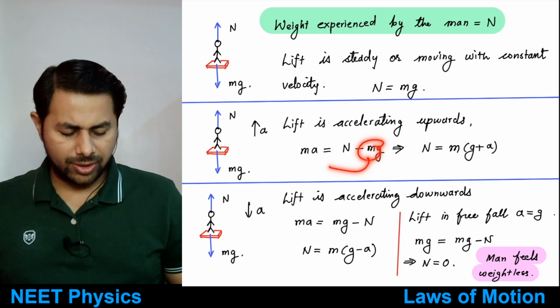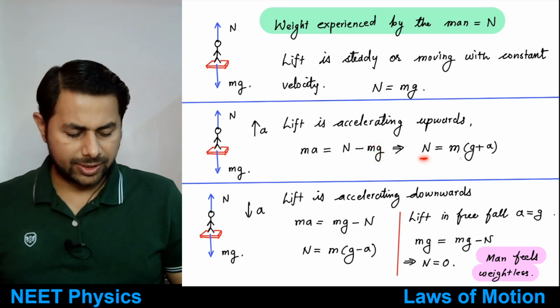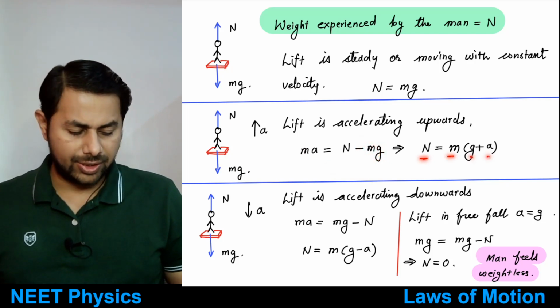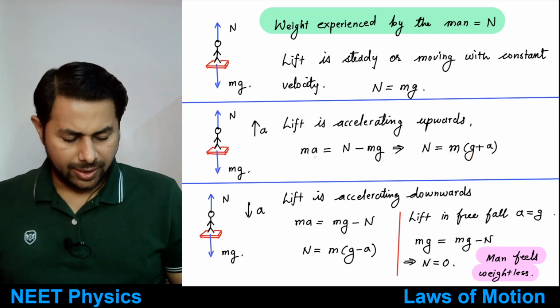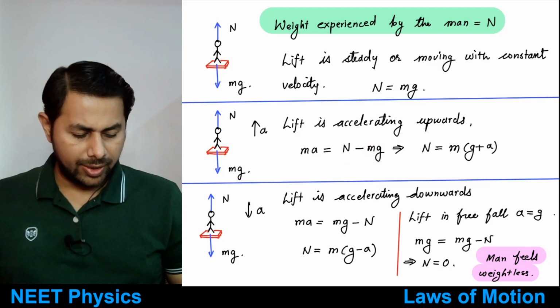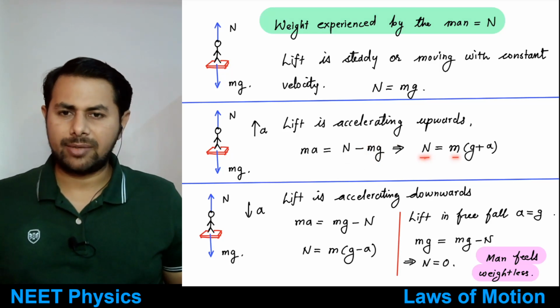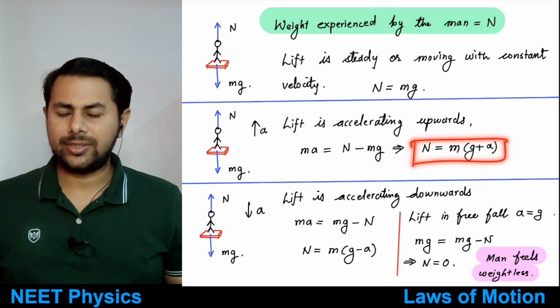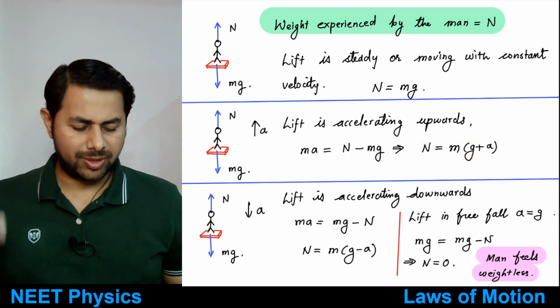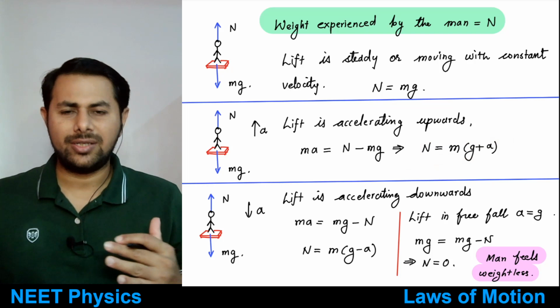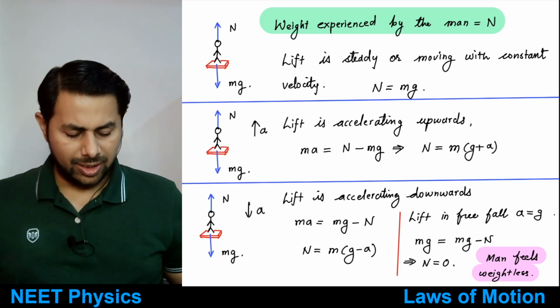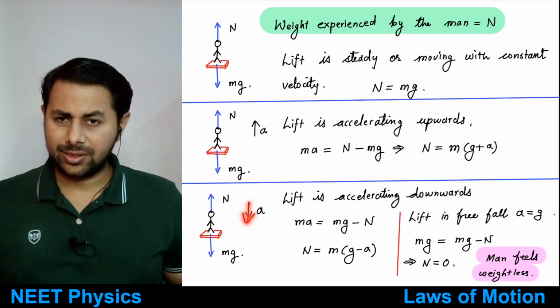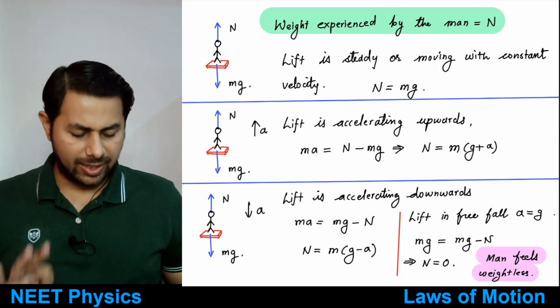Moving mg to the other side and taking m common, N is equal to m multiplied by (g plus a). So if the lift moves upwards with acceleration a, the person feels his weight has increased. If the lift moves down with acceleration a, the person will feel his weight has decreased.